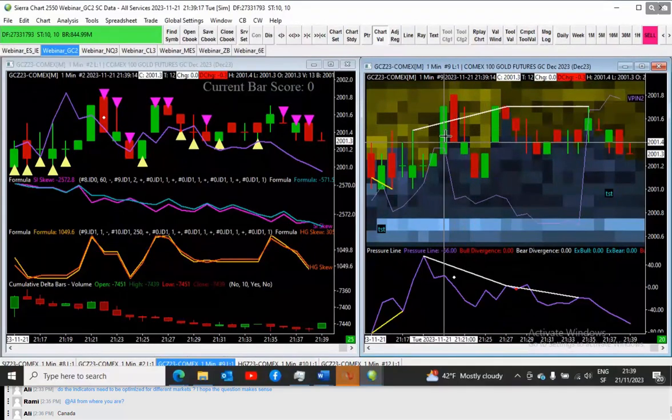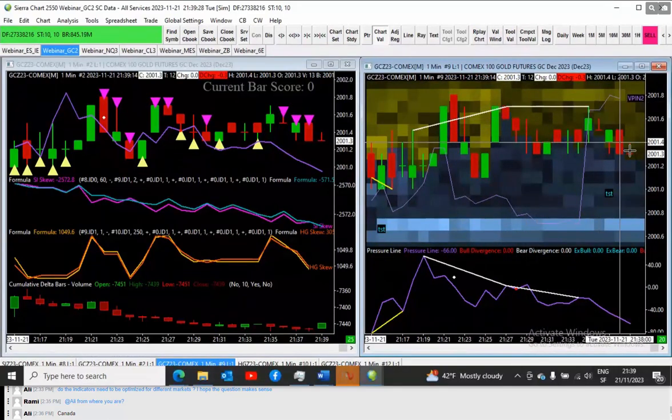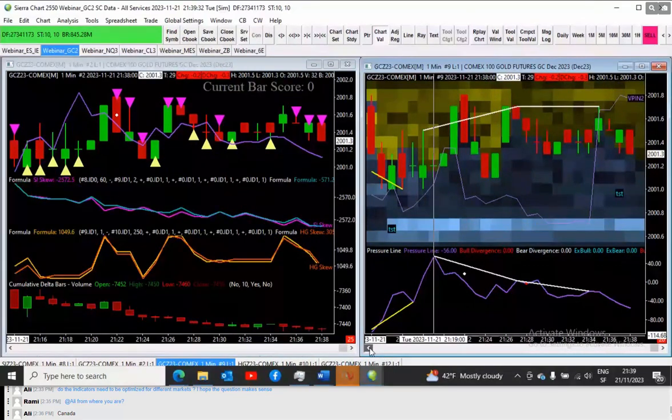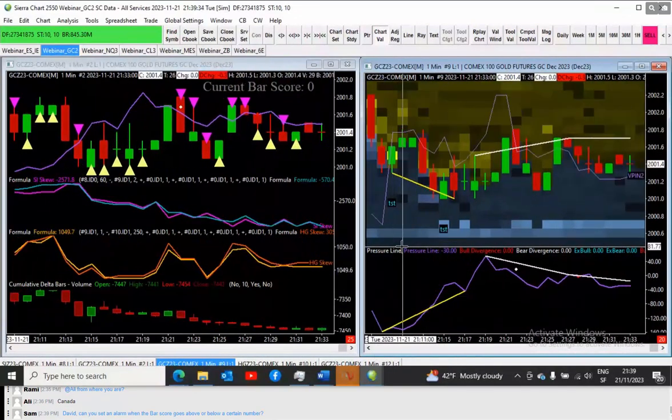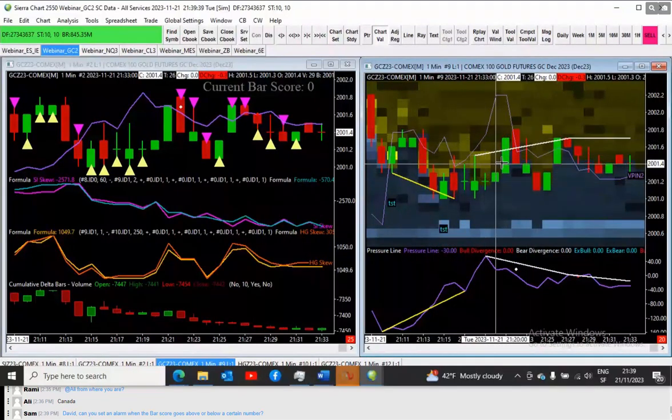And it draws either a white line, which means this is a sell or bearish divergence. So one here that went down, another one here that went down. Or it will print a yellow line. We have one here, which is a bullish divergence. And you can see that price moved up. So it can be quite useful.